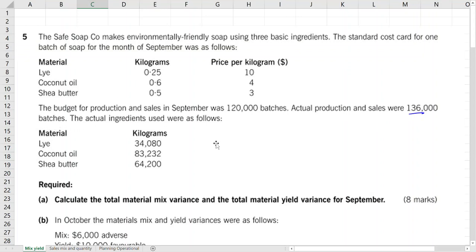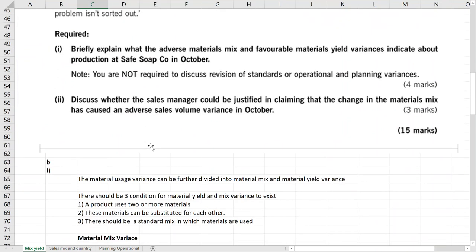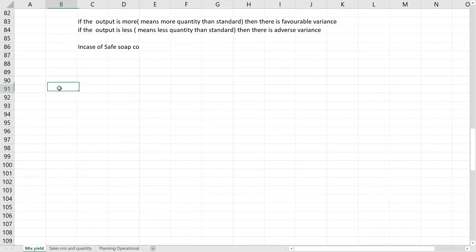The actual ingredients used were as follows. So these are the actual ingredients used. So let's calculate our variance. So we have part A. I will call this something called actual. Let me write a little bit below.